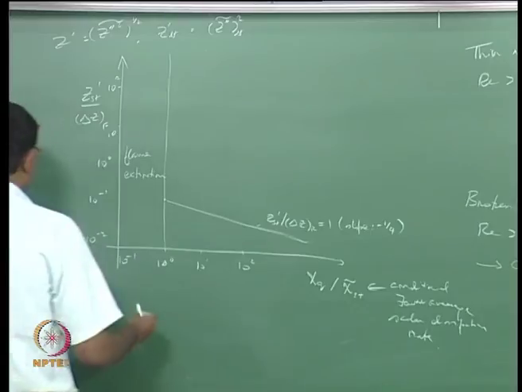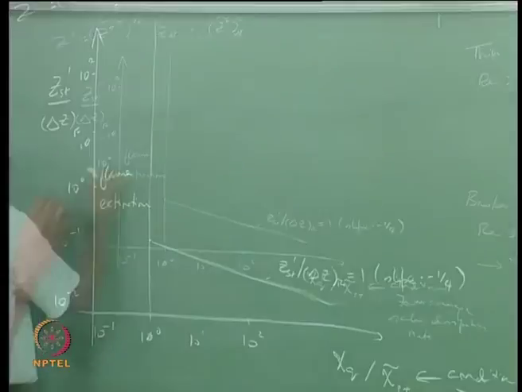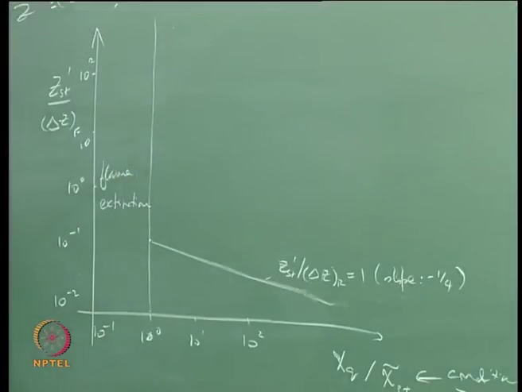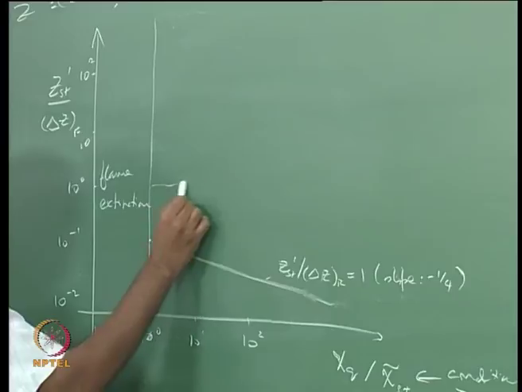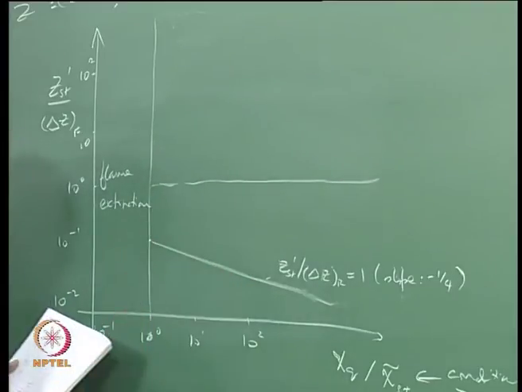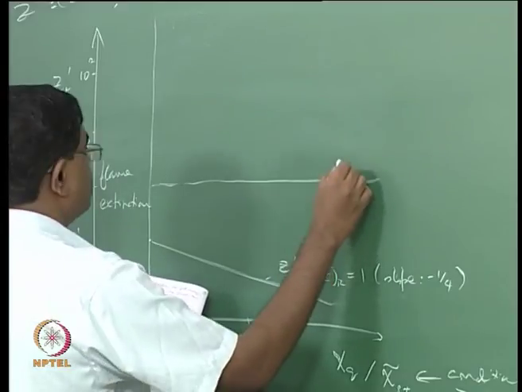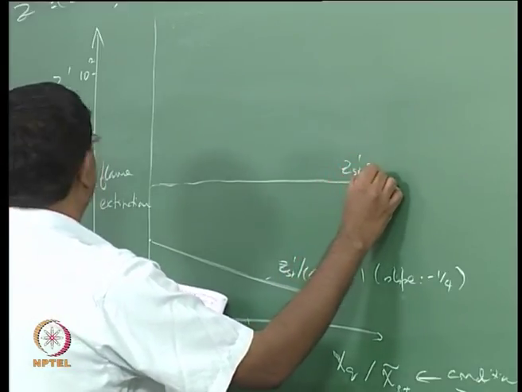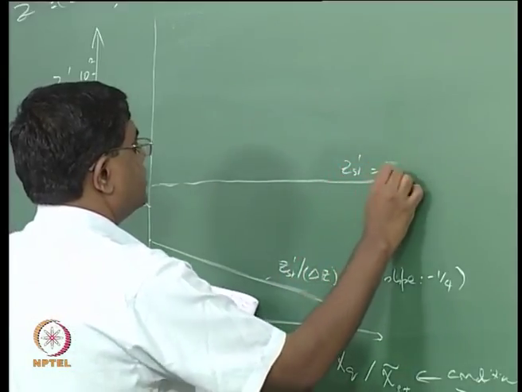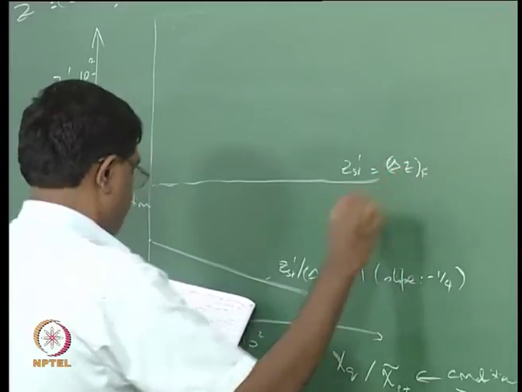And then you also have one more situation, similar to previously, where we had u prime comparable to SL and zst prime comparable to delta S. So that's here. This is zst prime equal to delta zf.